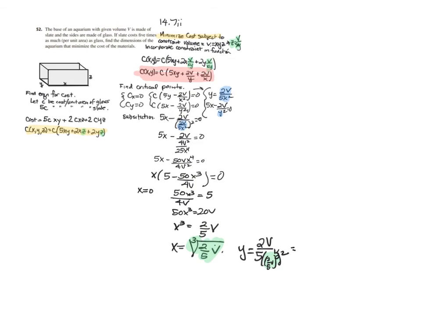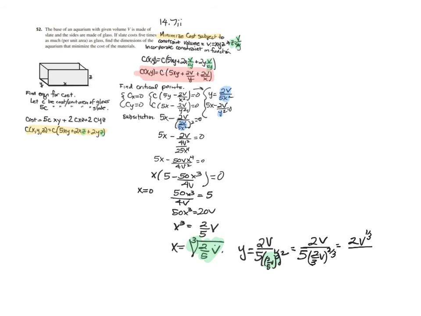And so that's going to be 2v over 5. And that is squared, so that's to the 2/3. So that's 2/3 v to the 2/3. So that leaves me with a v to the 1/3 on top.